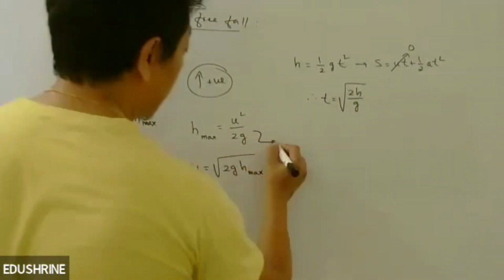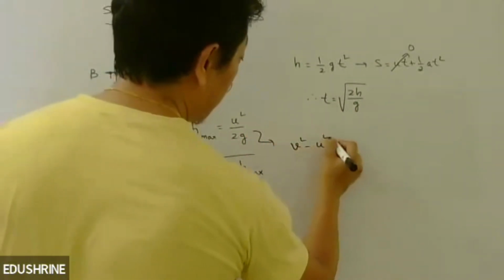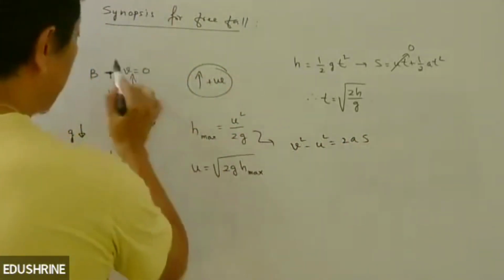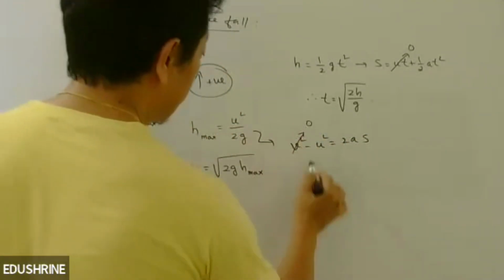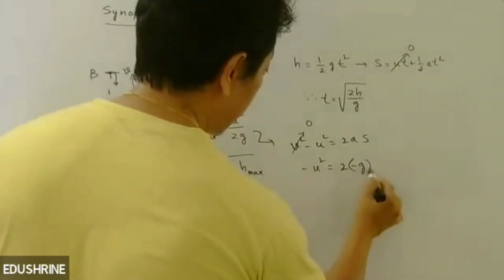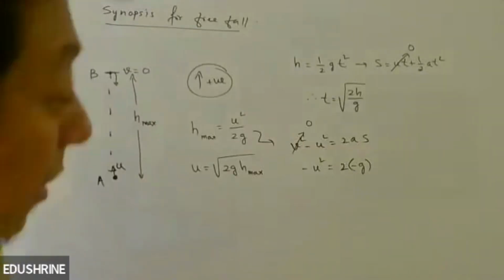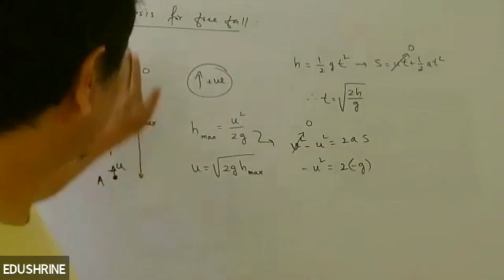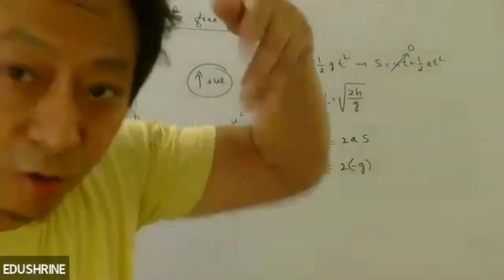How did this formula come, sir? v squared minus u squared is 2as. Final velocity here is 0. Acceleration due to gravity is minus g. Why minus g suddenly? I told you, while going up I take up as positive. So if I take up positive, acceleration of gravity is always down.